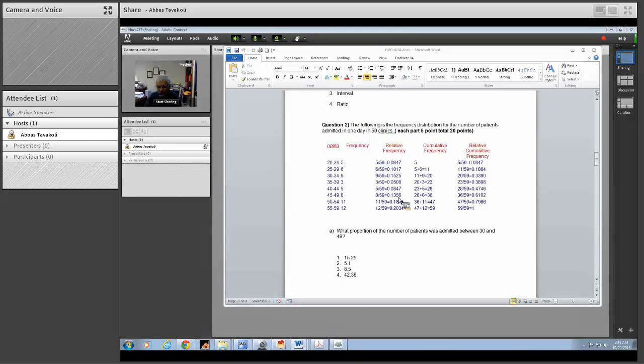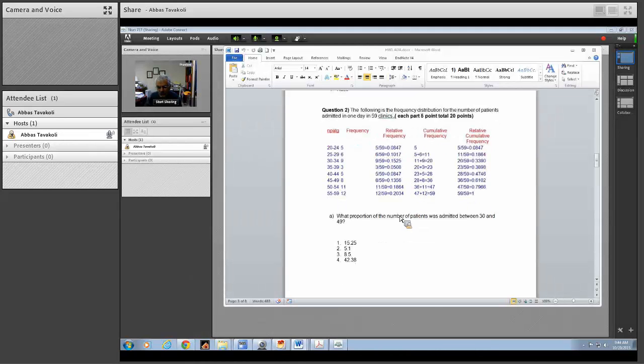The second problem I ask you to do is looking at this frequency table distribution and answering the question: what proportion of patients was admitted between 30 and 49? So you have to calculate that proportion. There are a couple of ways.